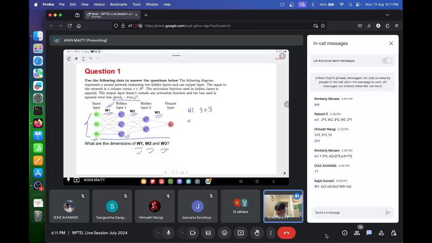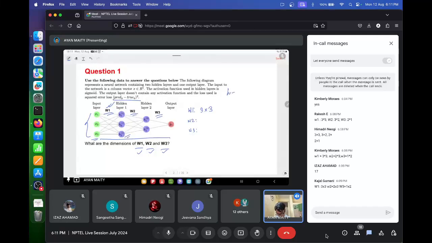Now for W2 and W3, you have to be mindful of which dimension comes first: the number of units in the next layer by the number in the previous layer, or the other way around? The convention used in this course is the number of units in the next layer by the number of units in the previous layer, so that we can calculate like this.